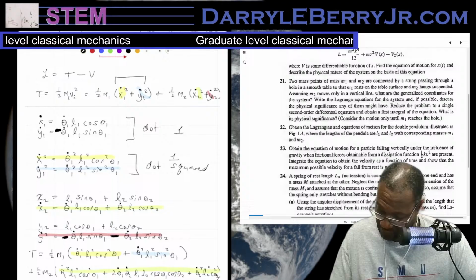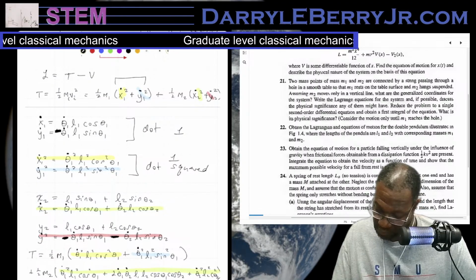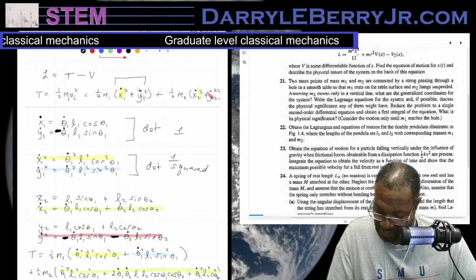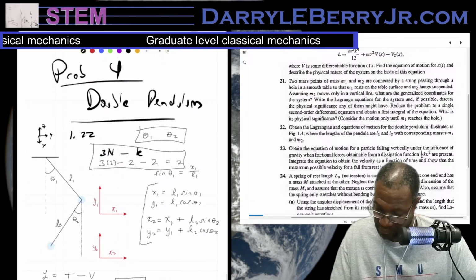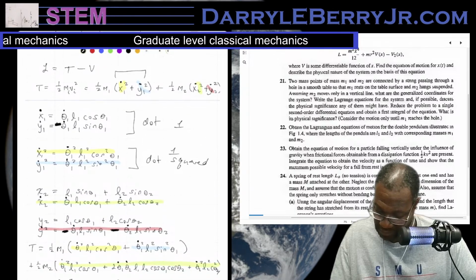So that's why everything in the first line is positive. X1, Y1, pretty straightforward. X2 and Y2 is the sum. So X has the sine, Y has the cosine.